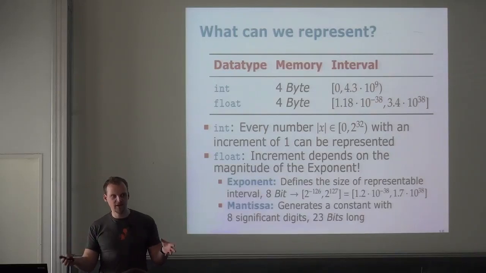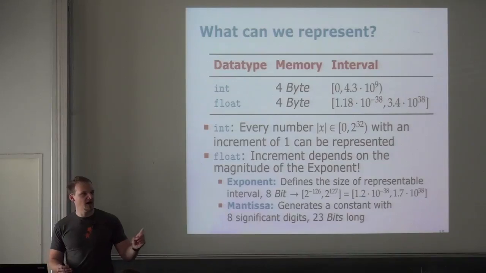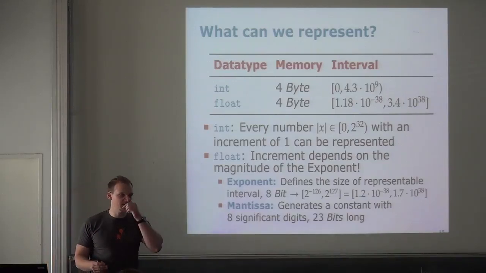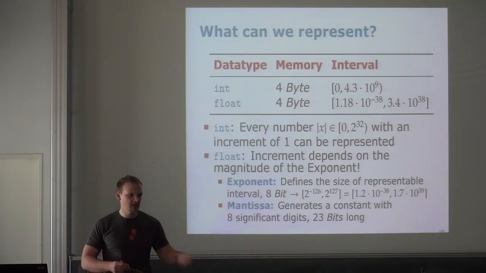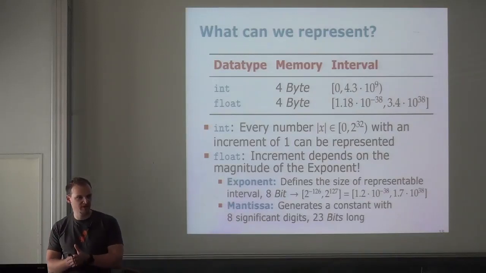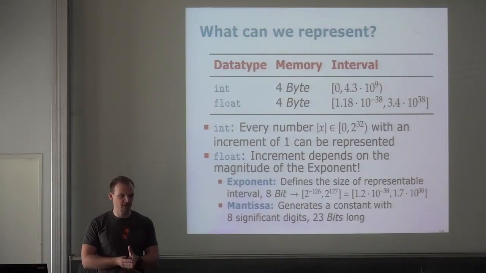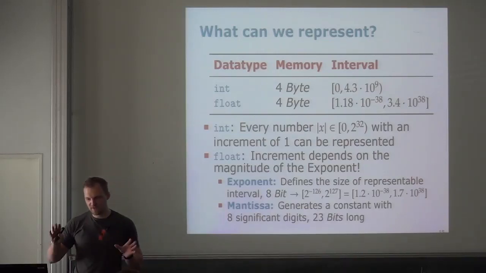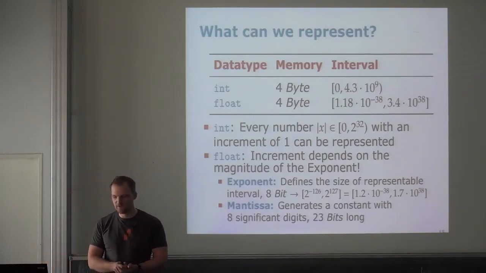To understand why, you need to understand this at least to some degree. At least you have to know, okay, I remember there was something about float precision, and I know where to look it up, so I can understand why it doesn't work. Otherwise it's impossible for you to find this bug, because you will not expect that the numbers don't work the way you want them to, but sometimes they don't. So let me finish this part, and then if you still have those questions, we can discuss them, okay?